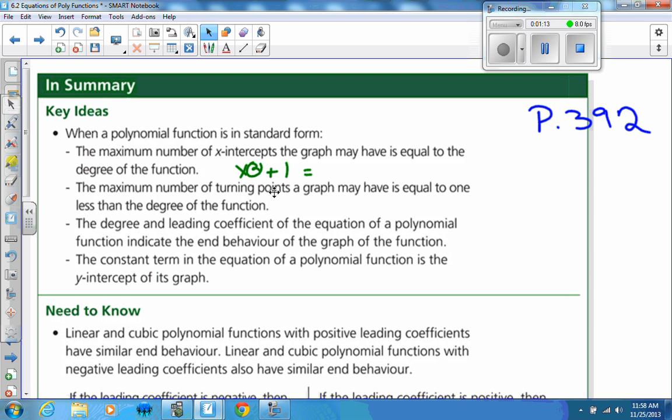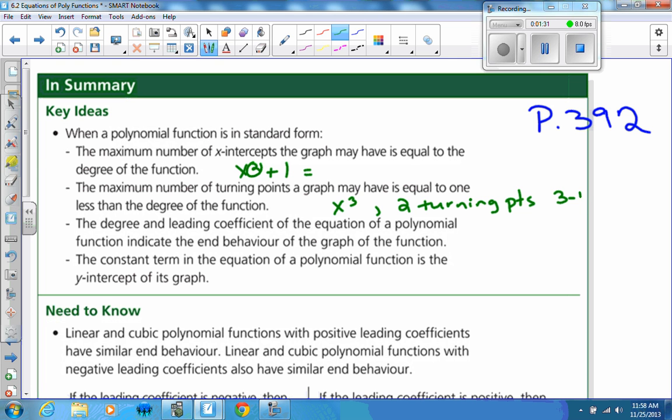The maximum number of turning points a graph may have is equal to 1 less than the degree of the function. So if you have x raised to the power of 3, it could have 2 turning points, because that's just 3 minus 1 is equal to 2. That's a maximum number. It doesn't mean it's always going to have that number.